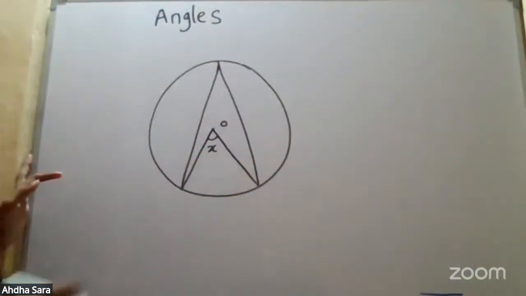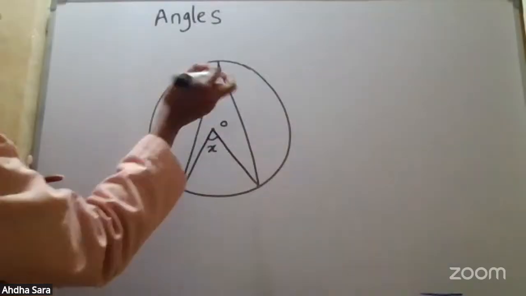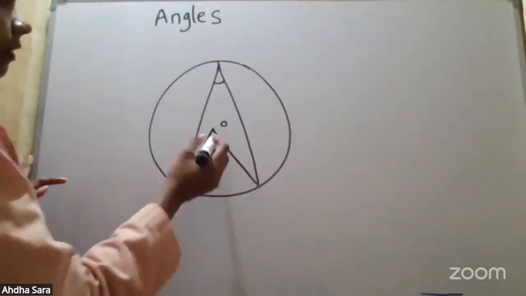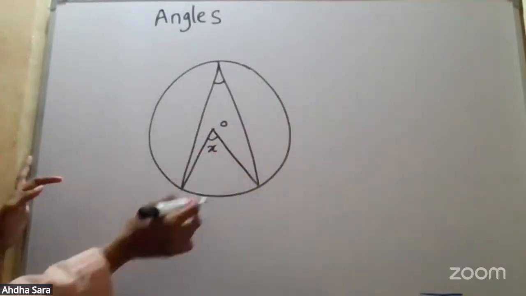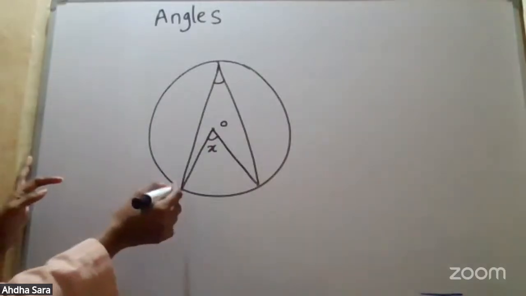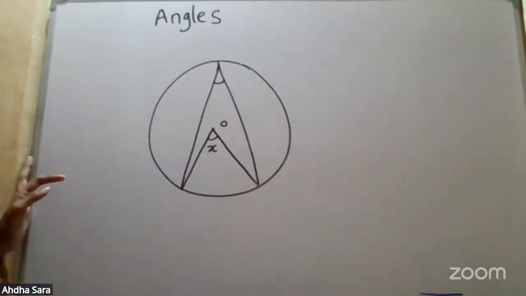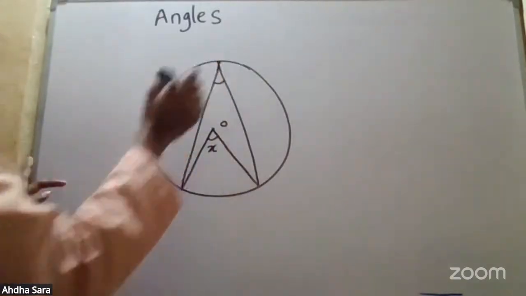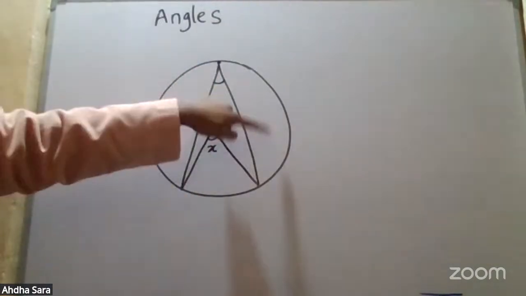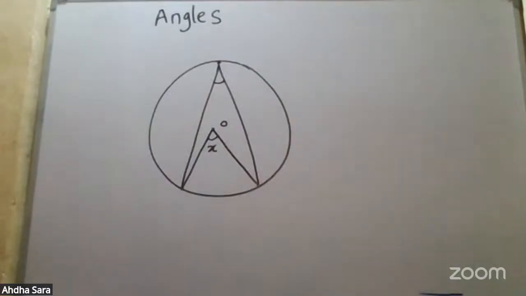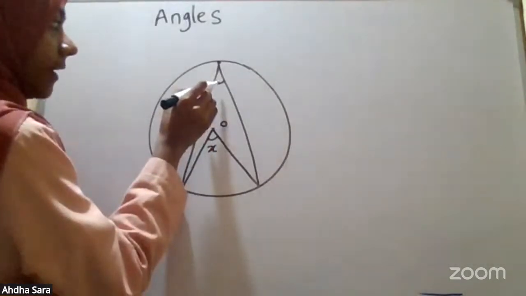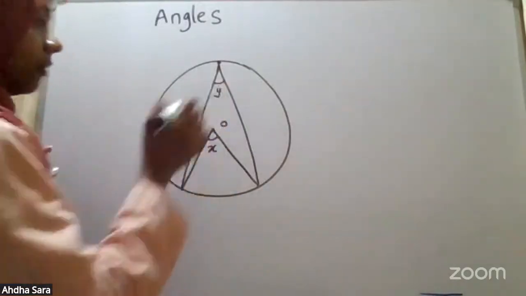First you have made an angle subtended by the arc at the center, and the second angle is subtended on a point that is on the circle in the remaining part of the circle. So the angle here we get is y.